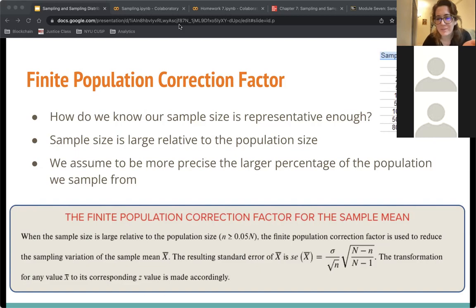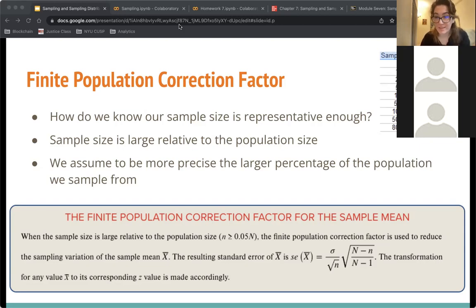So I just wanted to cover this a little bit. The textbook has a whole section on it, but we don't have any homework assigned from it, but mostly just wanted to bring this concept of finite population correction factor to your attention, where this takes that standard error and multiplies it by a correction factor, which would account for that added precision that's gained by sampling a larger percentage of the population.